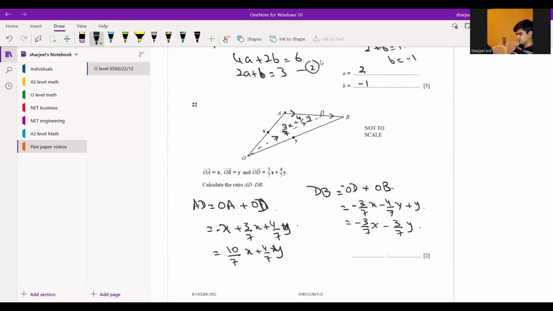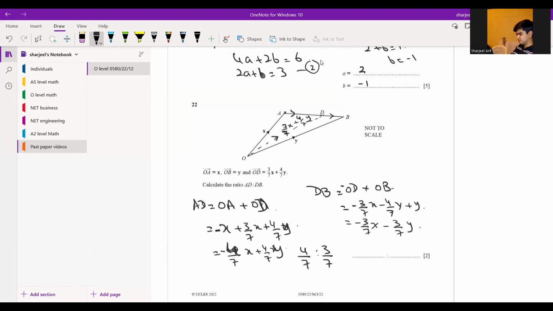Sorry, it could be minus x here, because the head of OA also meets the tail of OD. So this will be minus x, and simplify to get minus 4 by 7 x plus 4 by 7 y, and minus 3 by 7 x plus 3 by 7 y. So the ratio between AD and DB, if we just compare the coefficients of x, that will be 4 by 7 ratio 3 by 7.